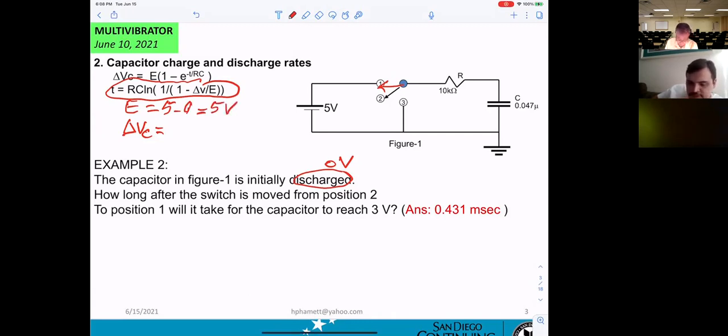And now delta VC, that means the voltage the capacitor will charge up. Initially 0, and they want to charge up to 3 volts, so delta VC is 3 volts. Mr. Pham, that's a little confusing because the third line says to position 1, how long will it take for the capacitor to reach 3 volts?